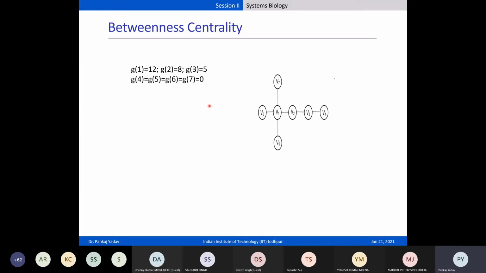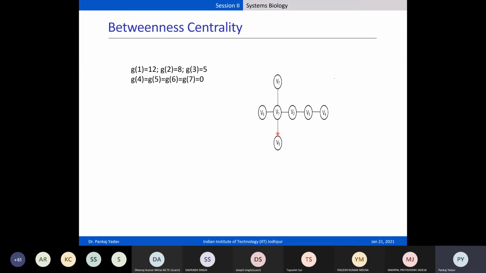So this is following the previous slide. I am giving you these betweenness centrality measurements for each of these nodes. For G1 we can see that betweenness centrality is 12. For G2 it is 8, and for G3 it is 5, and for G4, G5, G6 and G7 it is 0, because these are peripheral nodes V6, V7, V4 and V5.